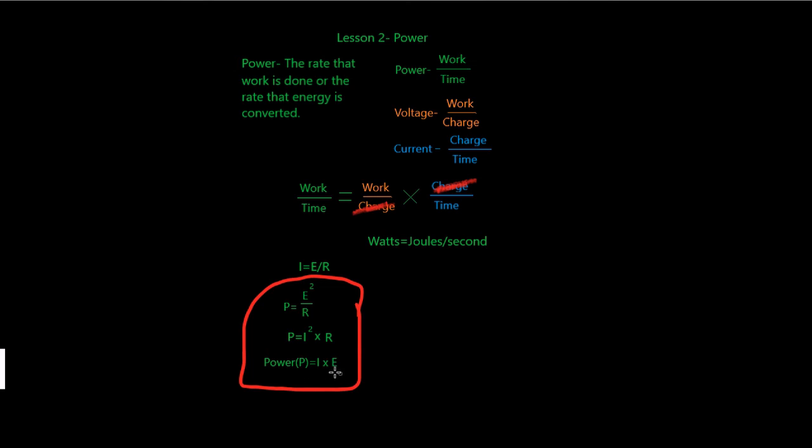You could use this equation, but then you'd have to figure out what the voltage across the resistor was. So if you know all three of these equations, you can cut steps out of a lot of problems that you're going to encounter throughout your career.